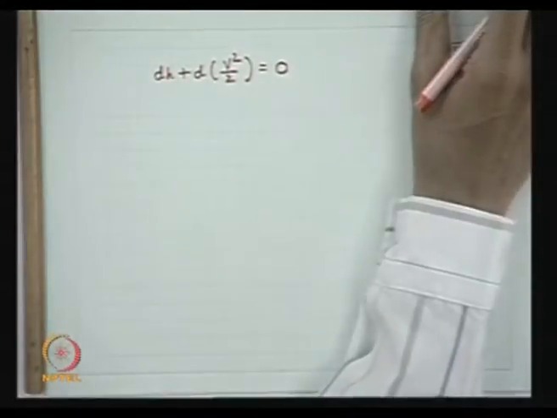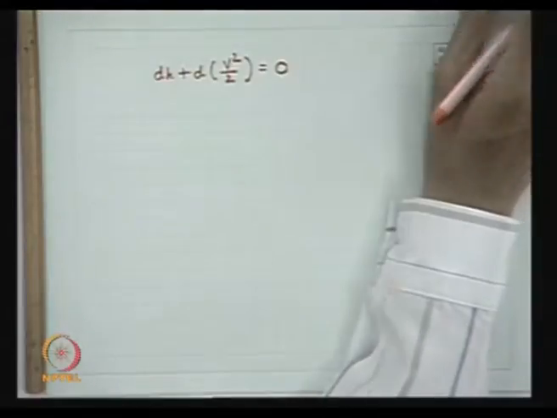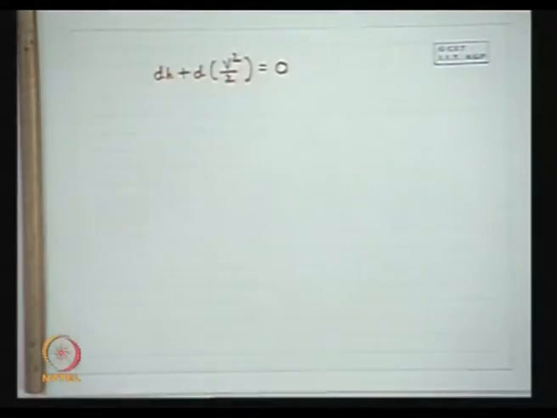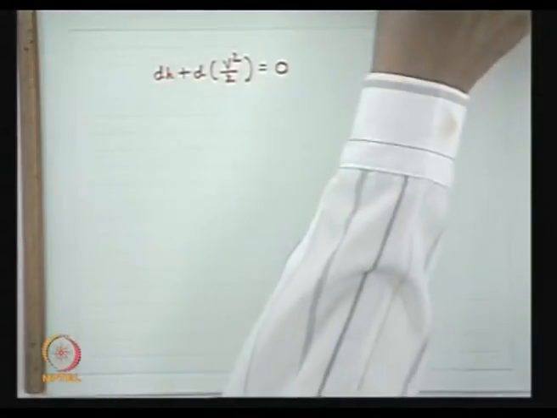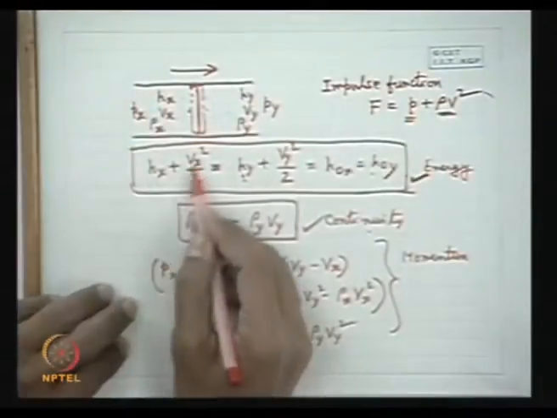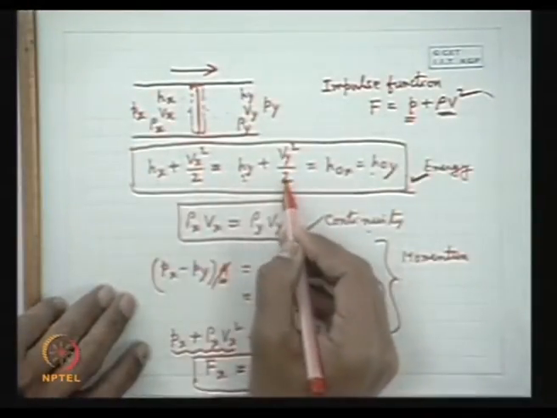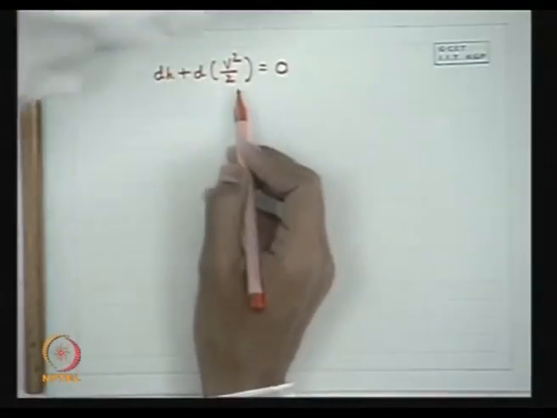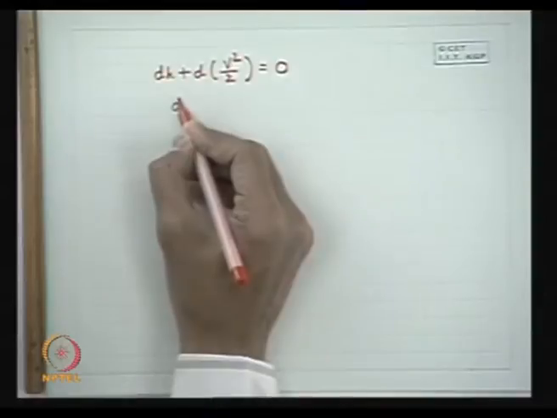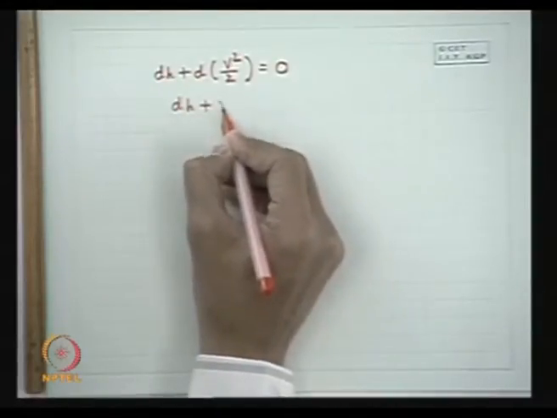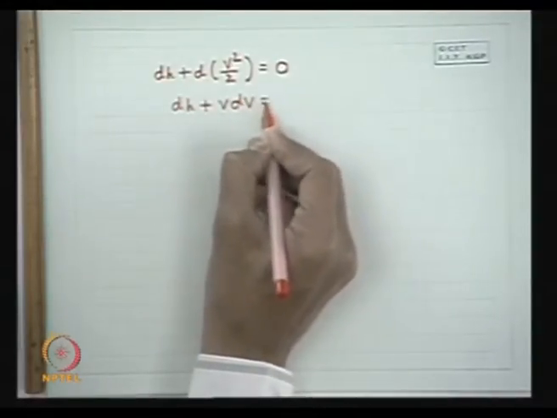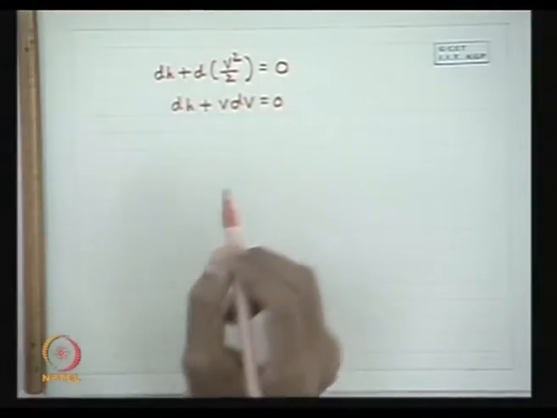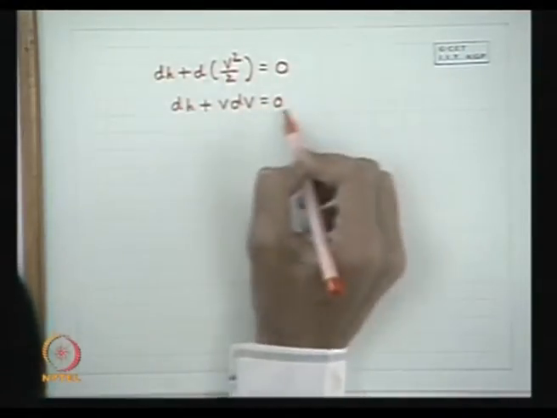The integrated form of which is h plus V square by 2 is constant, which we have already used, that is hx plus Vx square by 2 equals hy plus Vy square by 2. That means in differential form it is dH plus d(V square by 2) equal to 0, or dH plus V dV is equal to 0. So this is the energy equation for adiabatic flow.